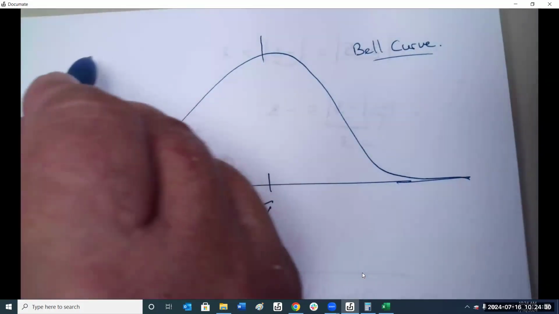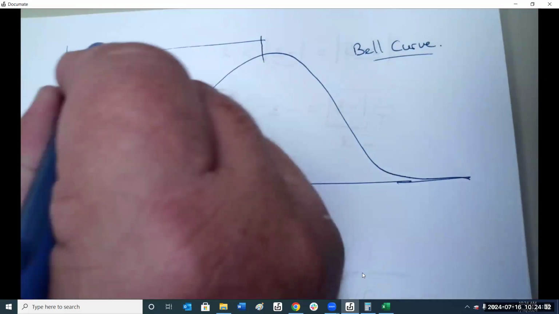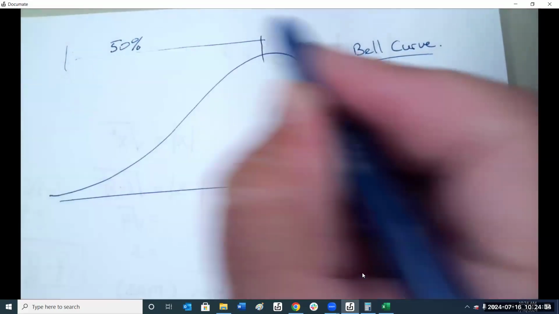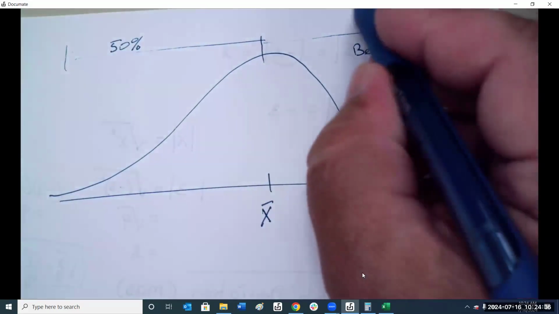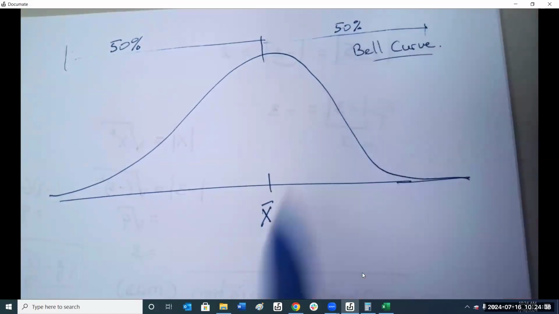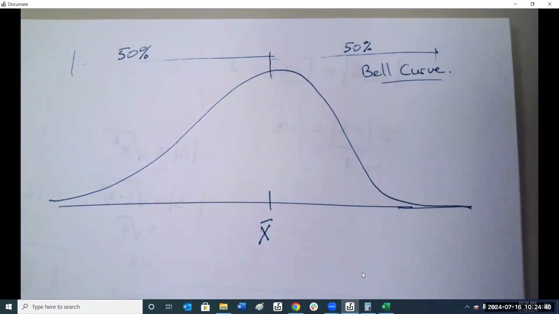True? Because you have to have 100% of your data. We talked about that earlier.